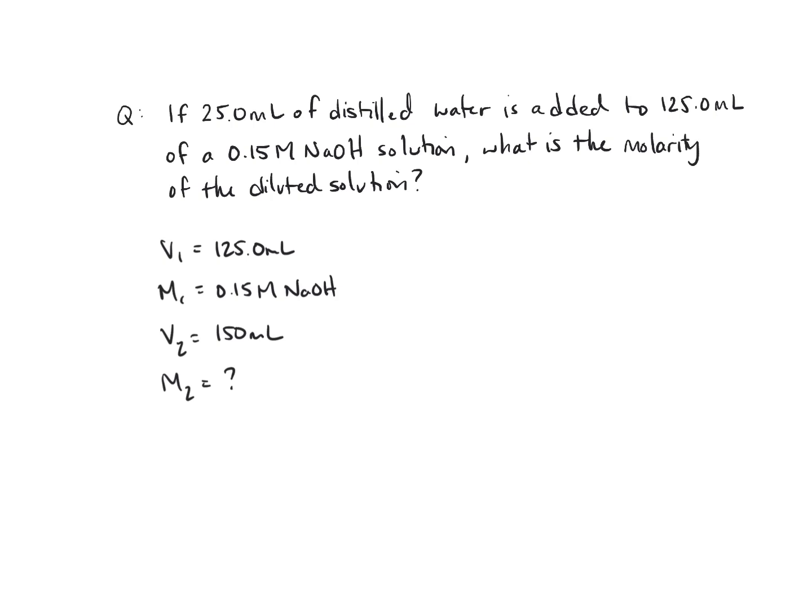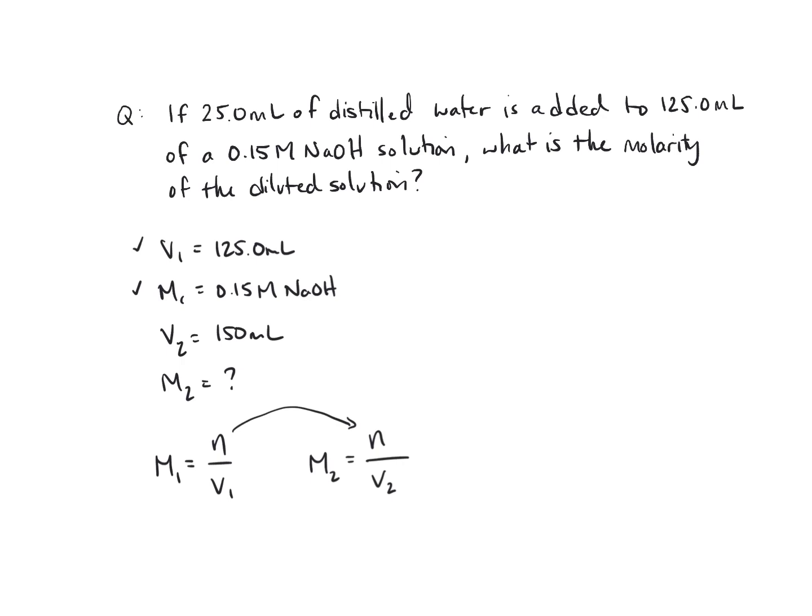Now, if you notice, the number of moles isn't changing, just like we showed in the last one. So we can set it up as M1 equals n over V1. We have M1, we have V1, and now we can solve for the moles. M2 we don't know, but that n is going to remain the same over V2, which we now have as 150.